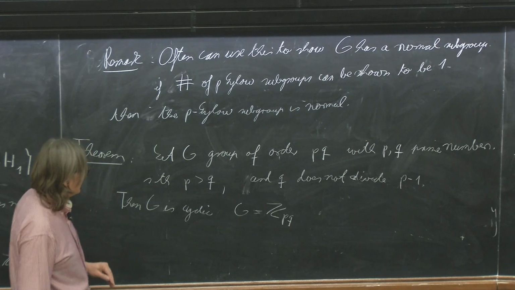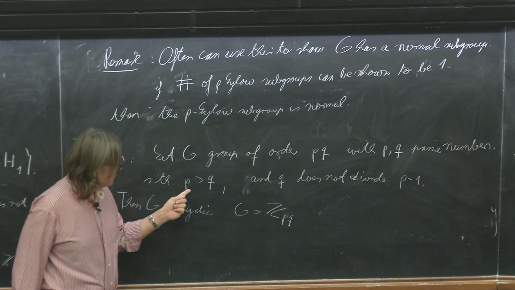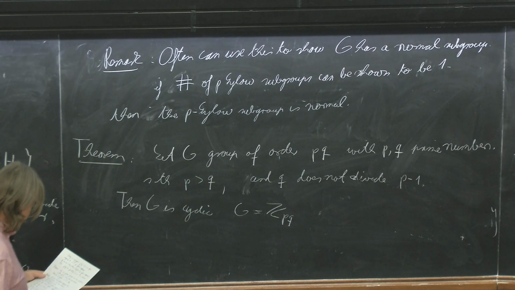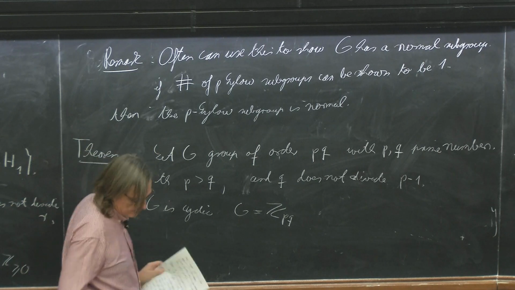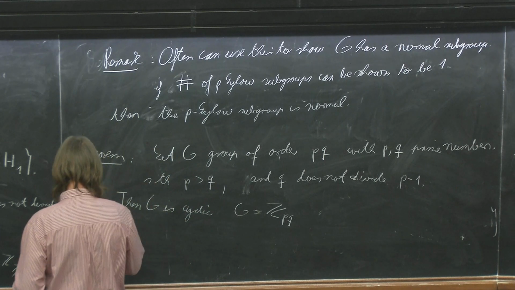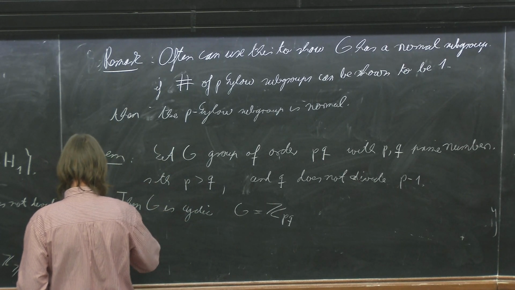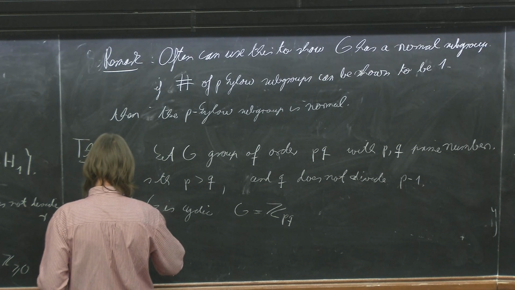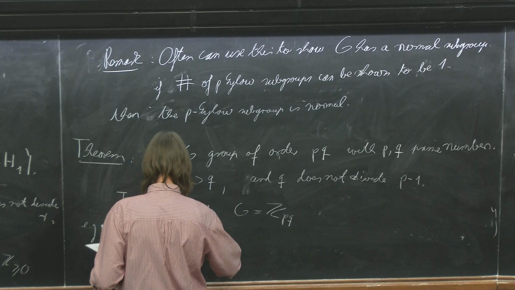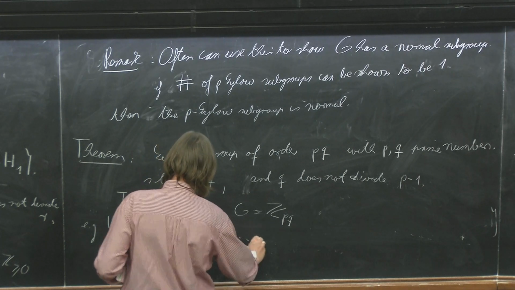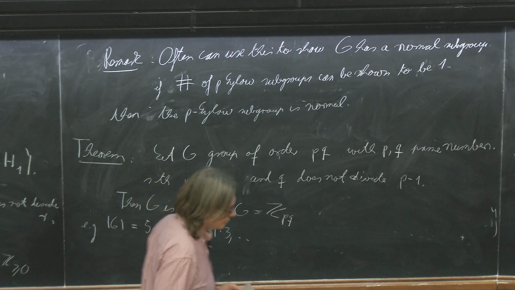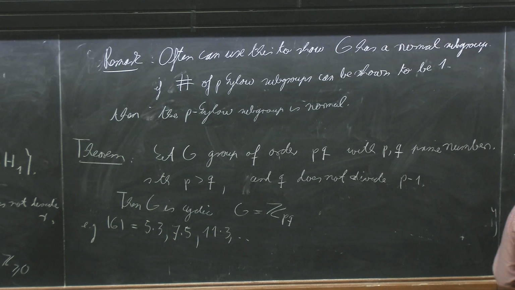So this is quite often the case. So for many numbers of elements of the group, we know it's cyclic by this result. For instance, e.g., if the order of G is 5 times 3, or 7 times 5, or 11 times 3. Anyway, there are many possibilities. So in many cases this applies, and in this case we already know it's cyclic, so it's a very simple group.